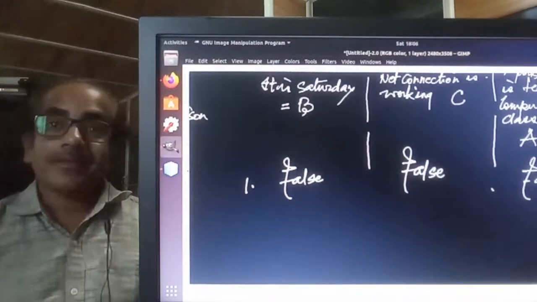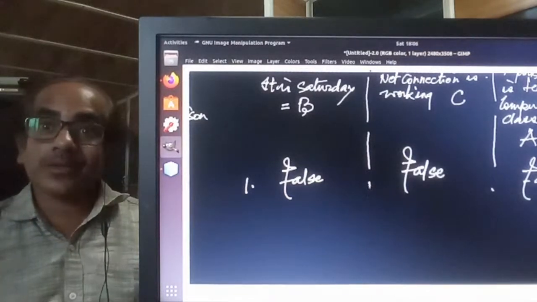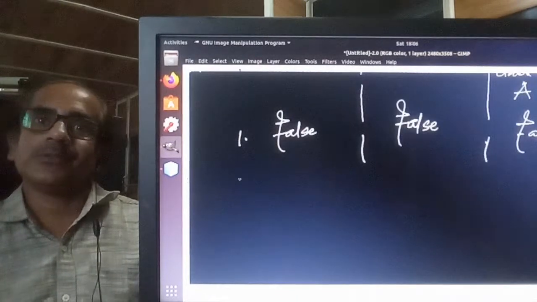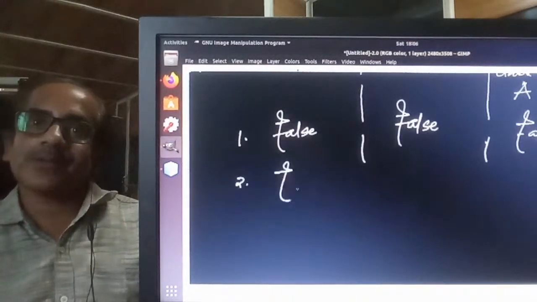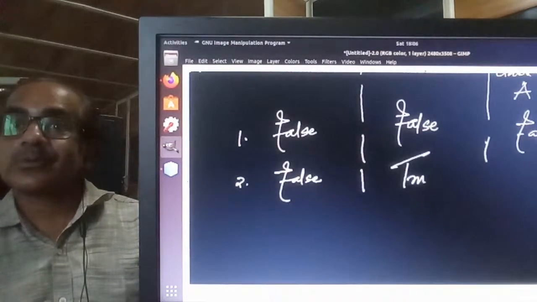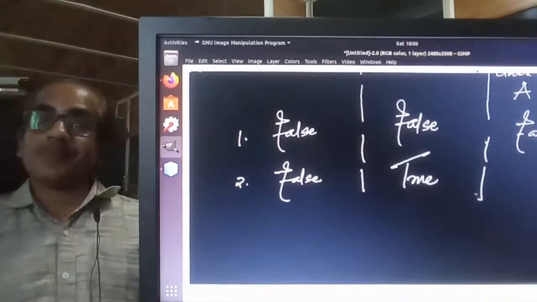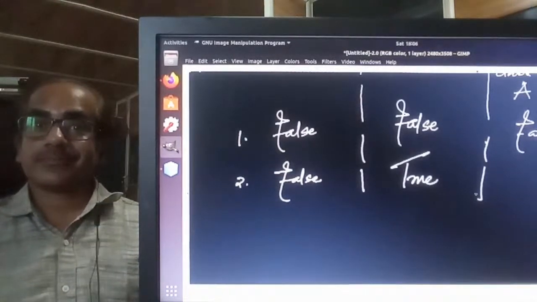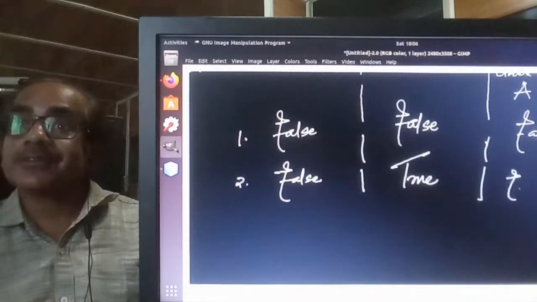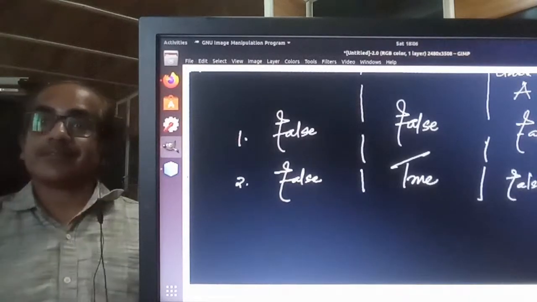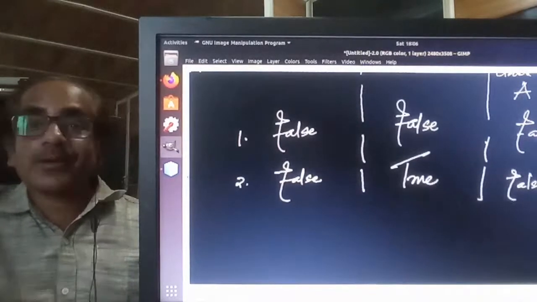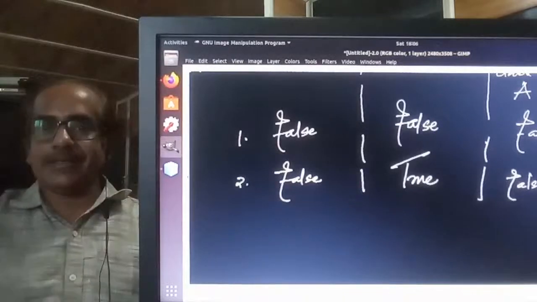अब मुझे कुछ स्टेटमेंट के बारे में नहीं बोलना है, केवल ट्रू और फॉल्स की बात करते हैं। When this is false and this is true, what about this? Certainly this will appear false, because your class for me is declared on Saturday.